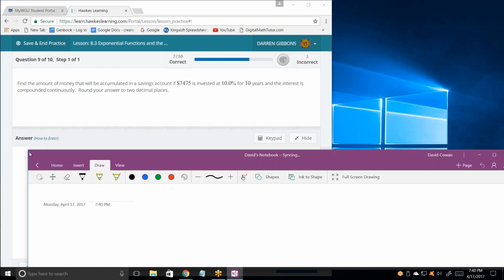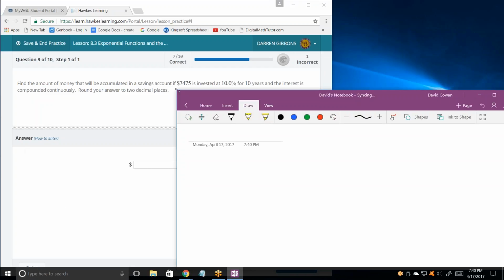There are 3 different equations that are involved when you compound money. Just go through them in case you need any of them. I'm going to go through them real quick.